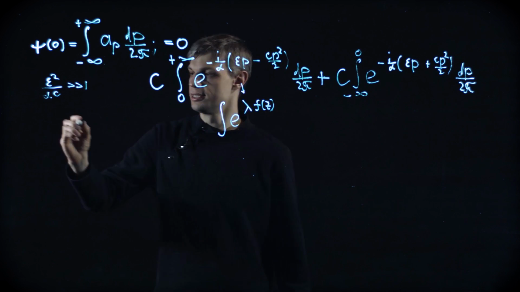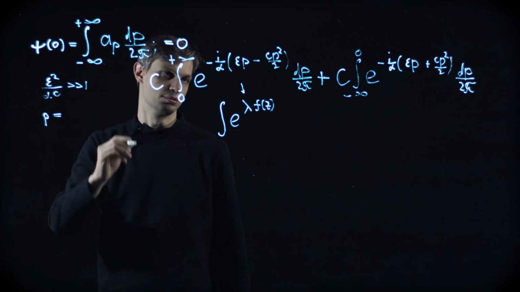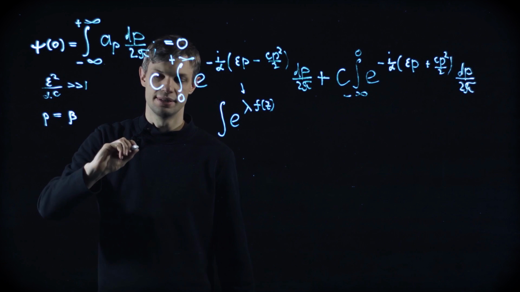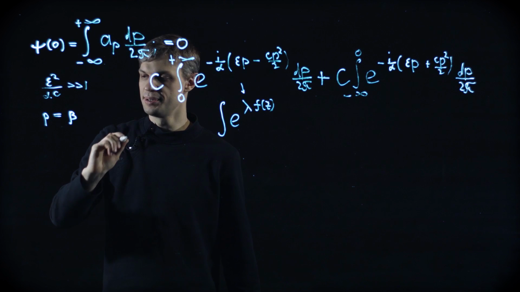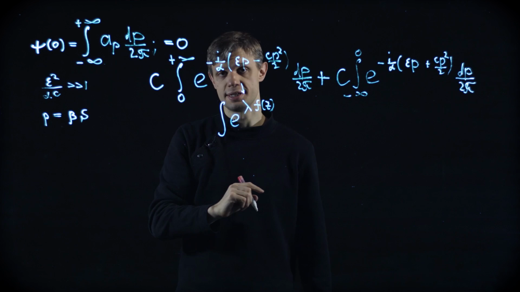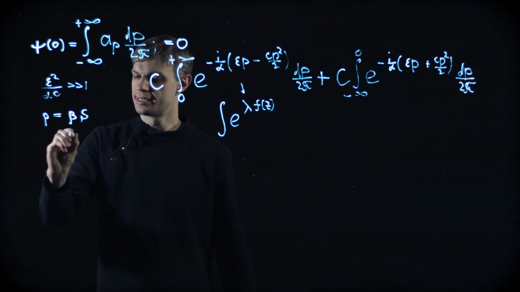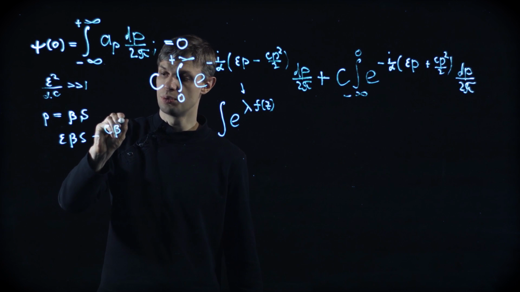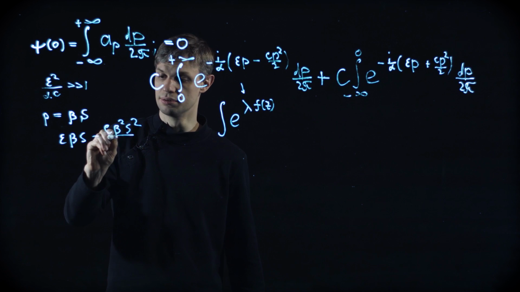So let's do this. p is now equal to beta, where beta is our rescaling parameter, times s. So we plug it into this exponential, and we get epsilon beta s minus c beta squared s squared over 2.